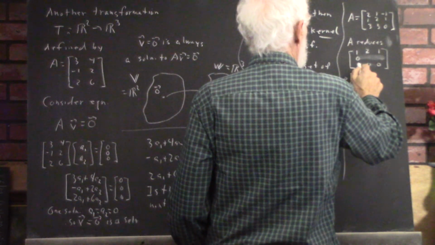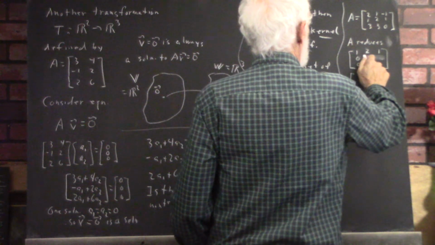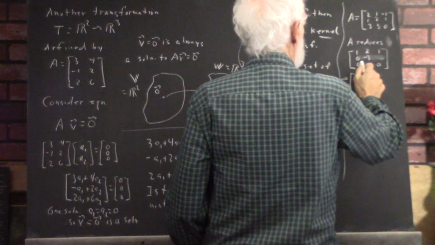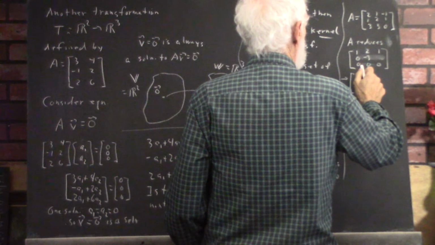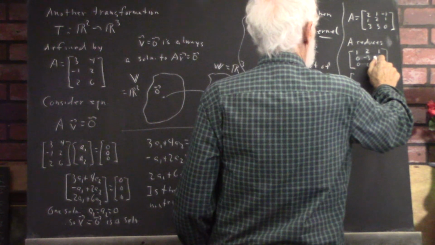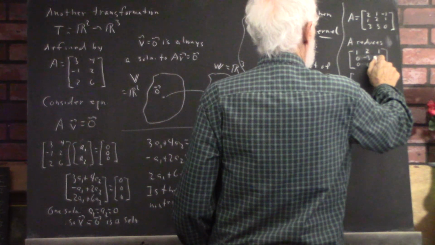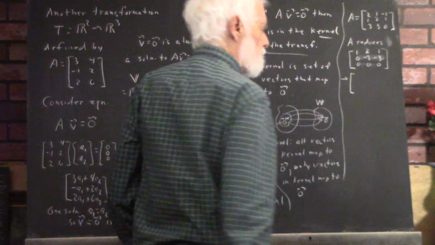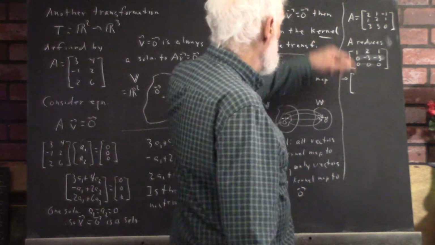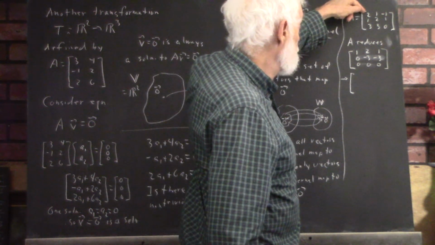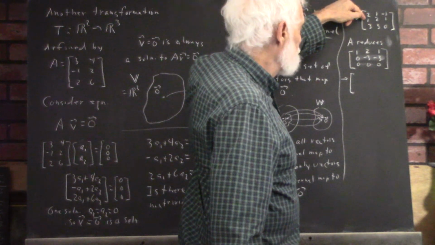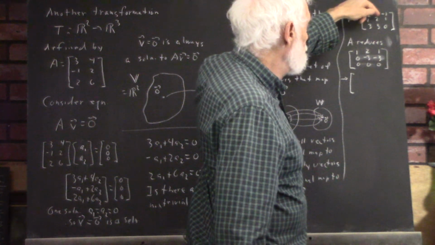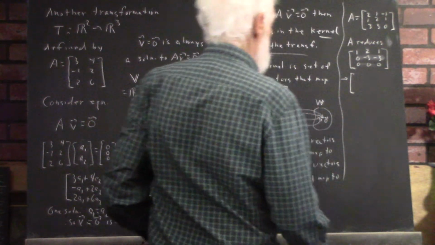You're going to get 0 and negative 3. Okay, I'm looking at it blind. This minus 2 times this is 0. This minus 2 times this is minus 3. Yeah, that is minus 3. Okay.